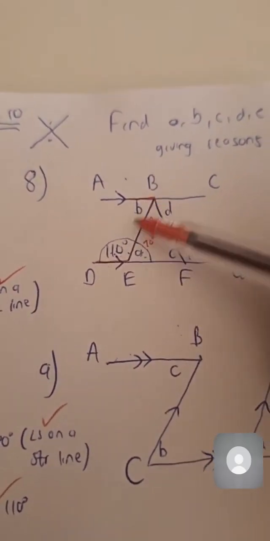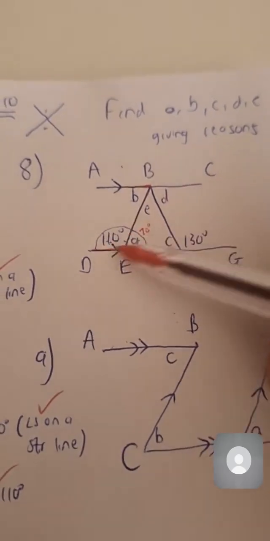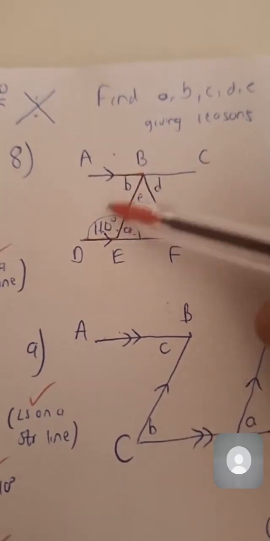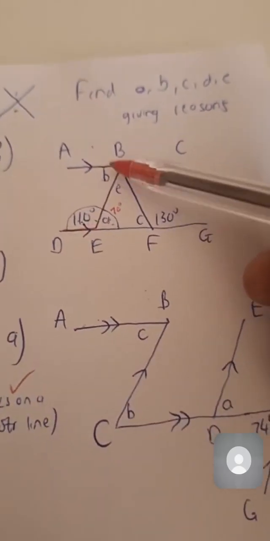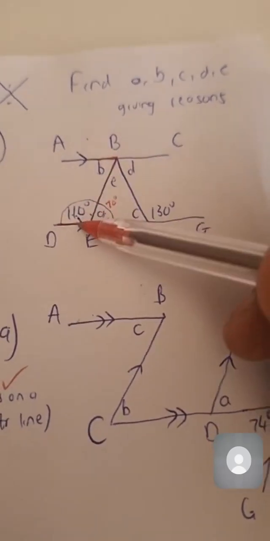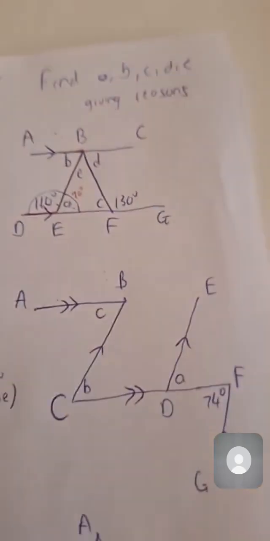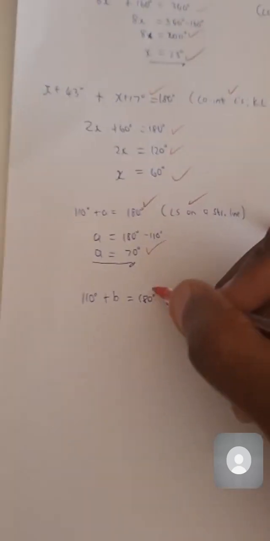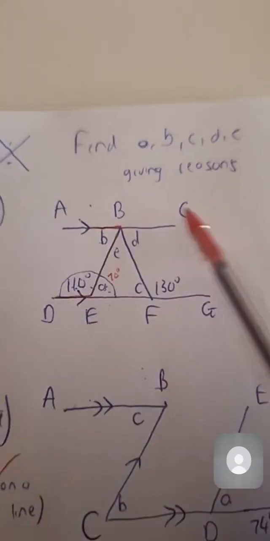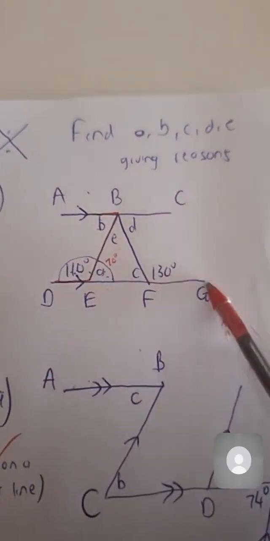Nice. So B and 110 between the parallel lines does form a co-interior angle relationship. B plus 110 is equal to 180. You said co-interior angles and then beautifully stated the lines that are parallel as AC parallel to DG. Sure, flower girl.